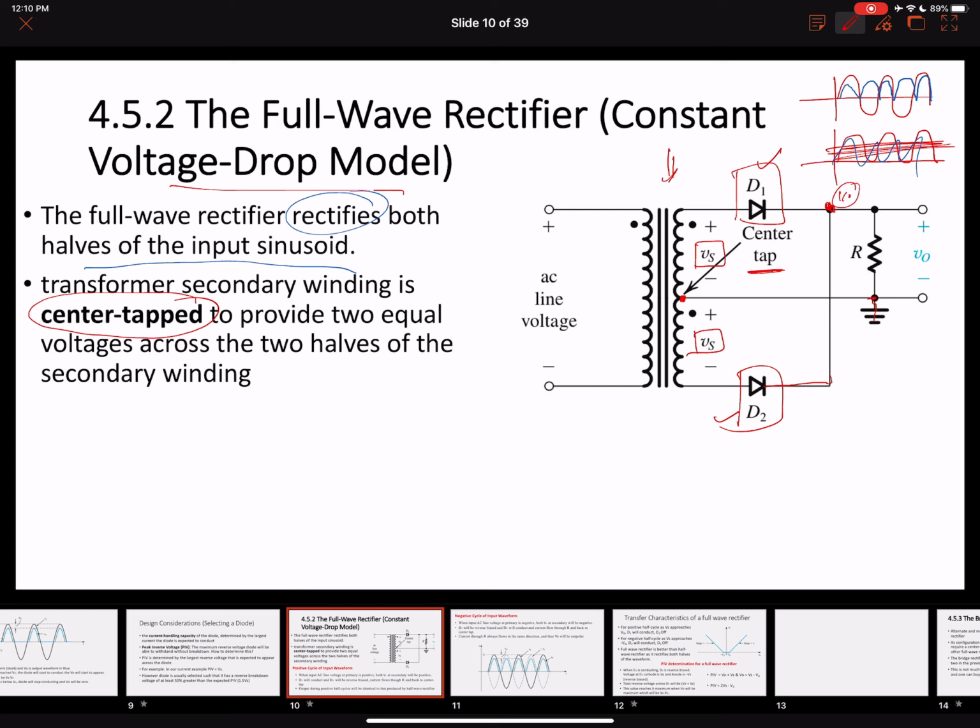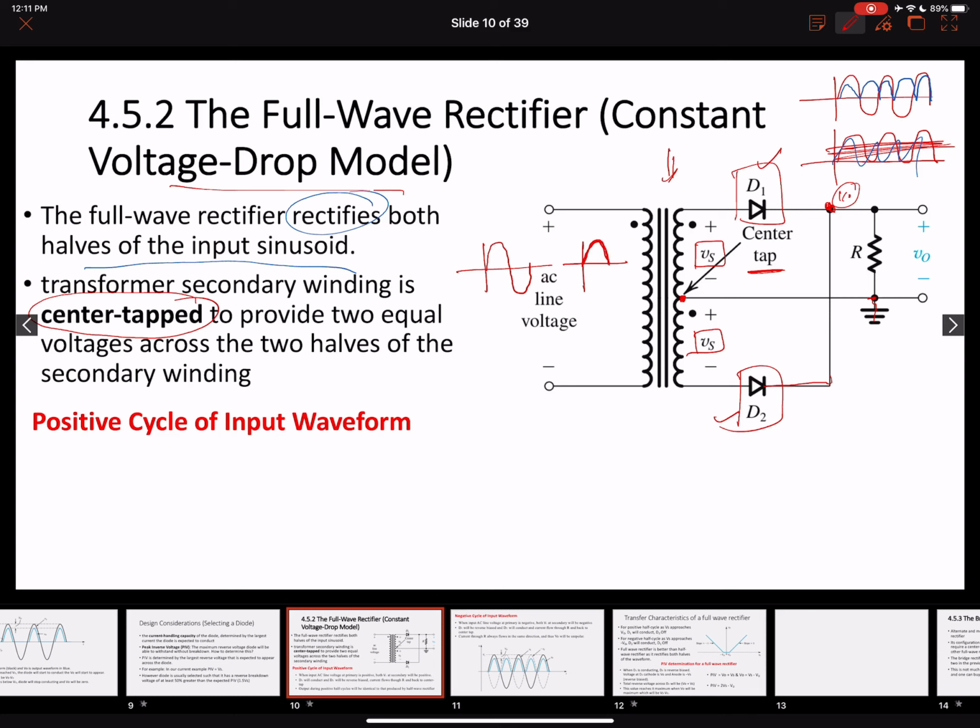Now let's look at what will happen in the positive and the negative cycle. What will happen in the positive cycle of the input waveform? This is your waveform, so let's see what will happen in the positive cycle.